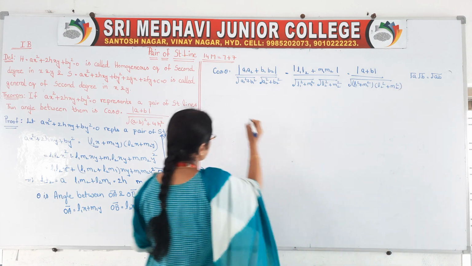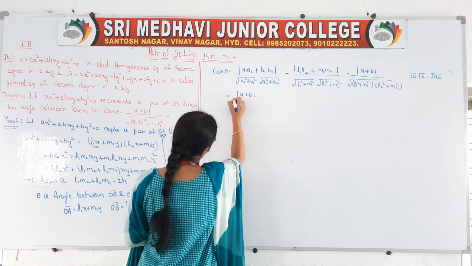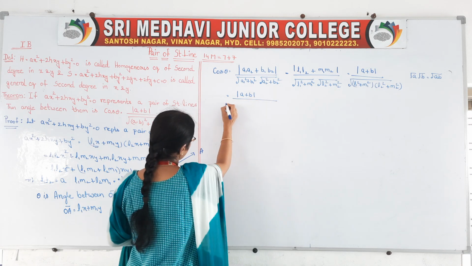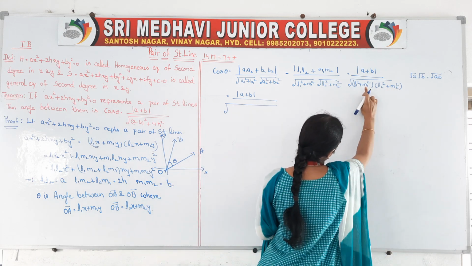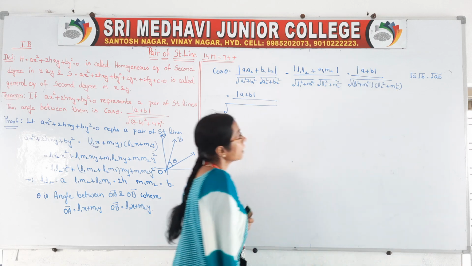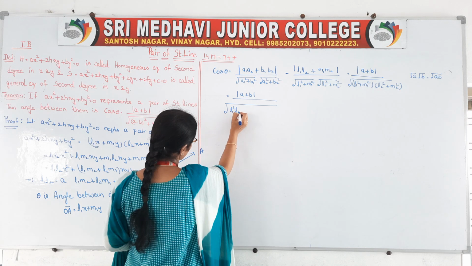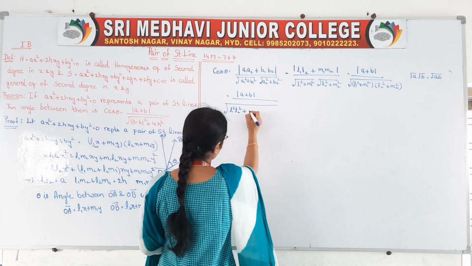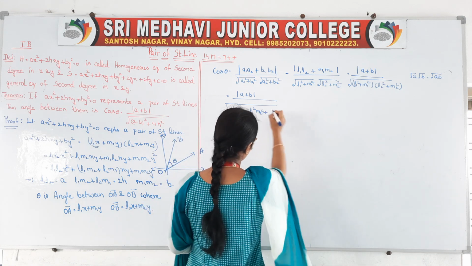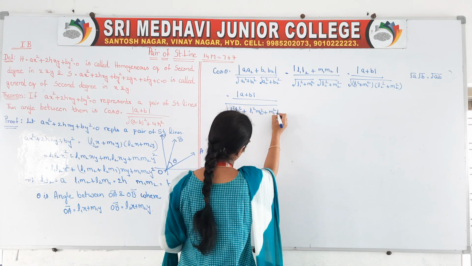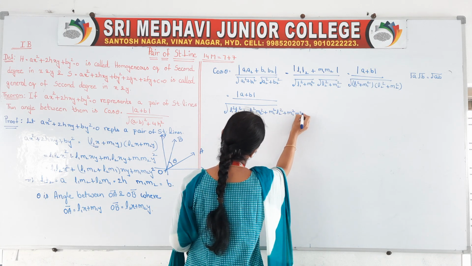So here we can write this as root of L1 square plus M1 square into L2 square plus M2 square, which is equal to modulus of A plus B by root of, first with L1 square you multiply these two, next with M1 square you multiply these two. So what happens? L1 square L2 square plus L1 square M2 square, and with M1 square L2 square plus M1 square M2 square.